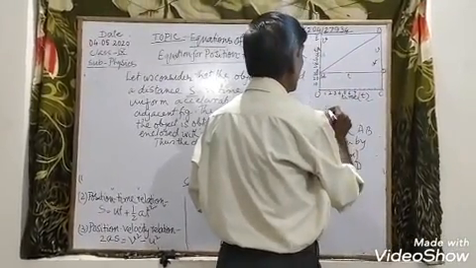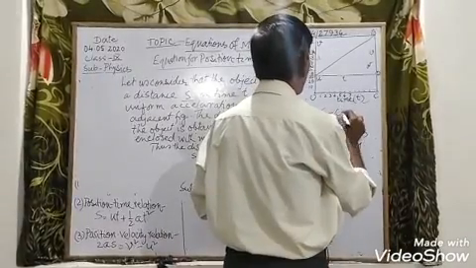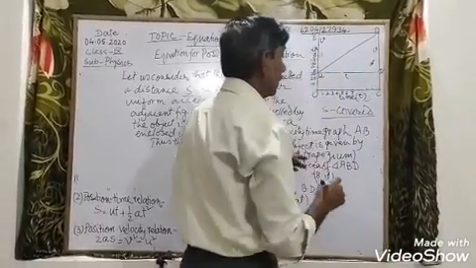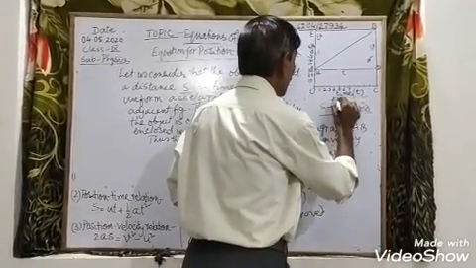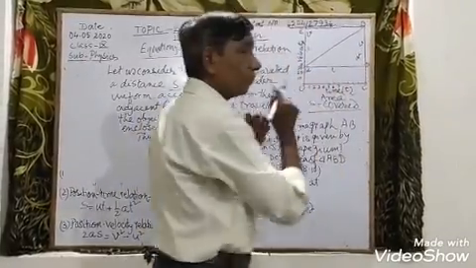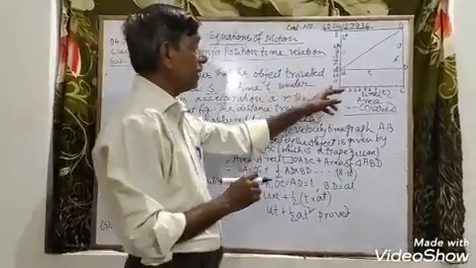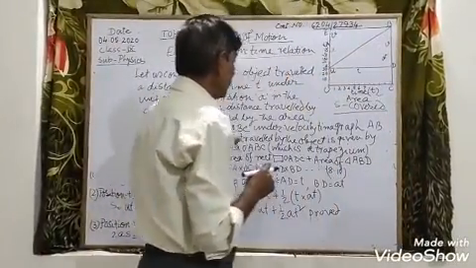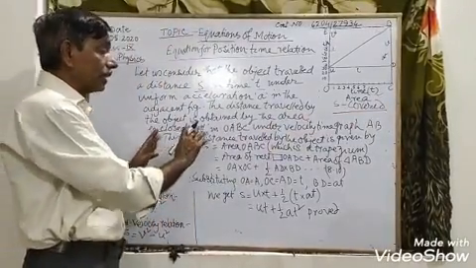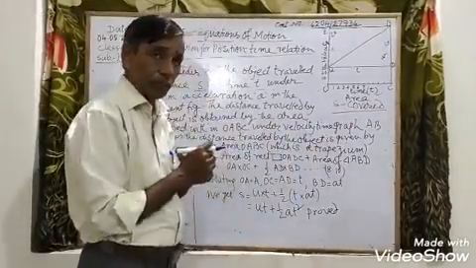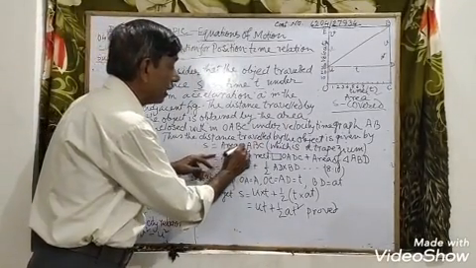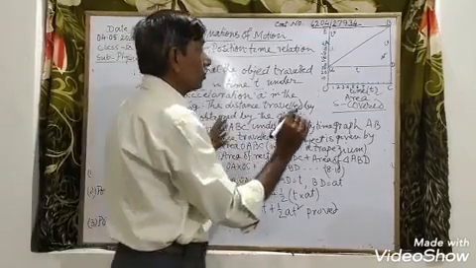The area covered is OABC. This represents the distance covered in t time, so the distance travelled by the object is S is equal to the area OABC.